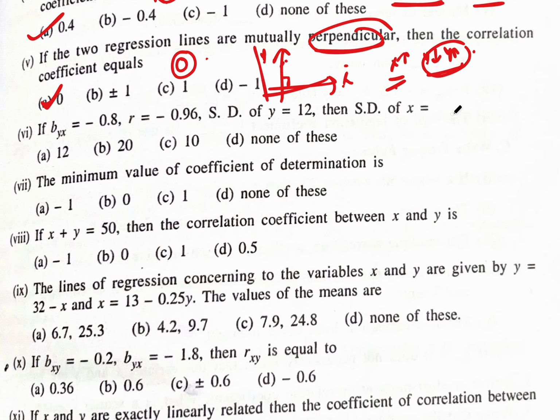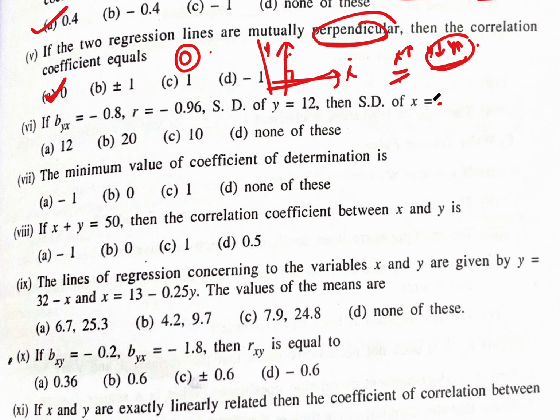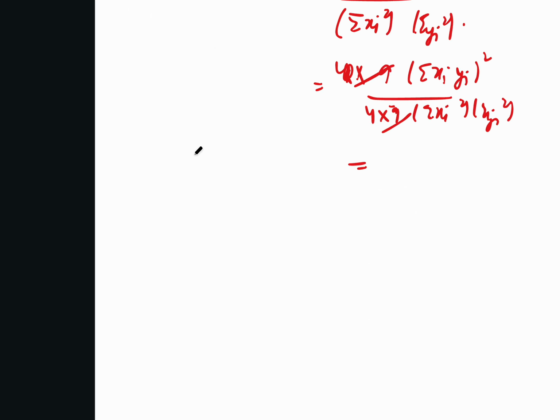Right, now another question, let's go. If byx is equal to -0.8, r is equal to -0.96, standard deviation of y is 12, standard deviation of x is question mark. Oh, this is an interesting question. Wait, let me write this on my empty page.